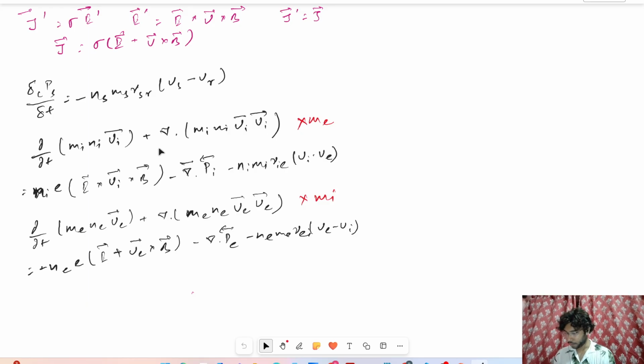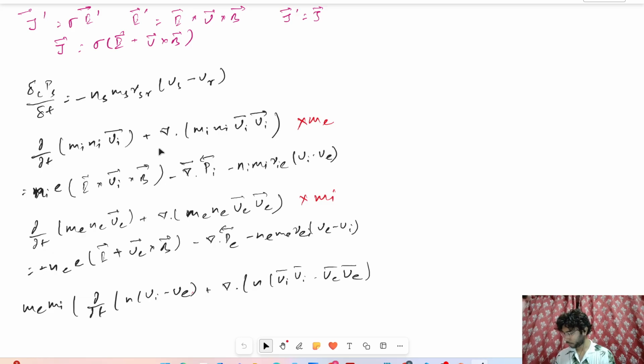So let's just see. So this will be Me and Mi, del t of n ui minus ue plus del dot n ui minus ue, right? So this is this minus this term, and this will be del dot.